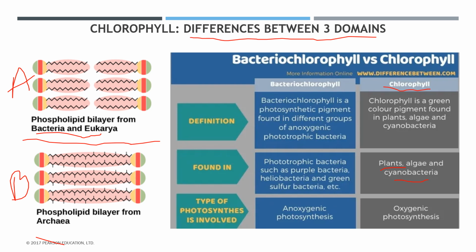So when you have purple bacteria and green sulfur bacteria, you can have something called bacteriochlorophyll.